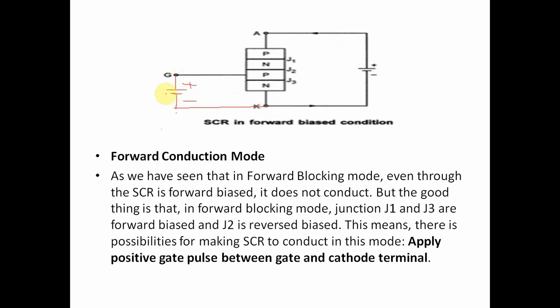This connection makes the J2 junction forward biased. So the J2 junction is converted into forward bias by applying a positive gate pulse between the gate and cathode terminals.